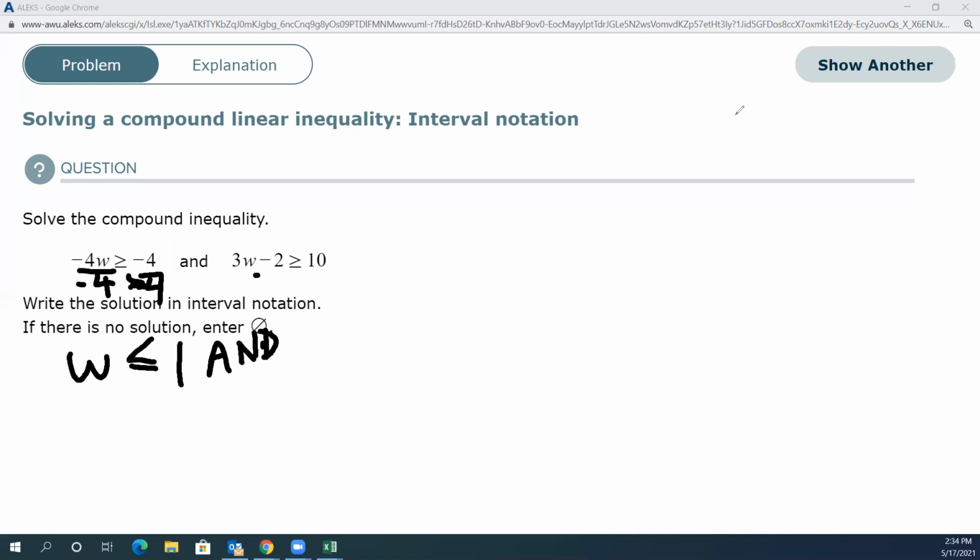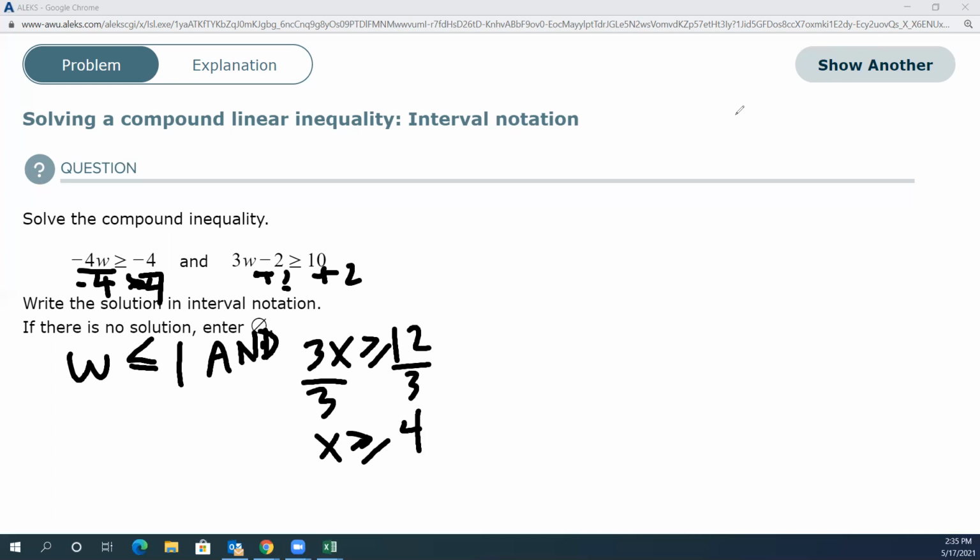And then on this one, we're going to add 2. I know it's hard to write. And then we get 3w is greater than or equal to 12. And I'll divide by 3. I don't need to flip the inequality because I'm not multiplying or dividing by a negative. And I get that.